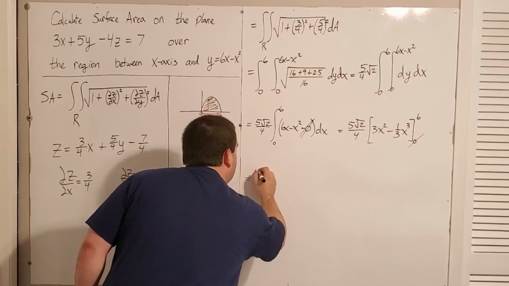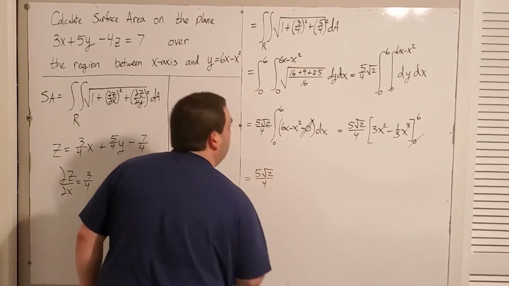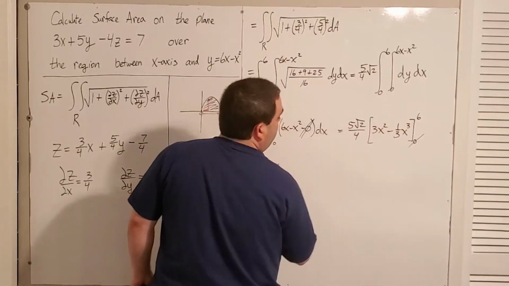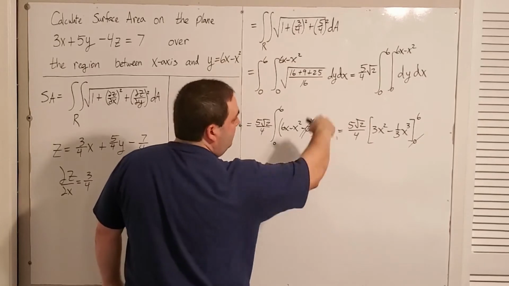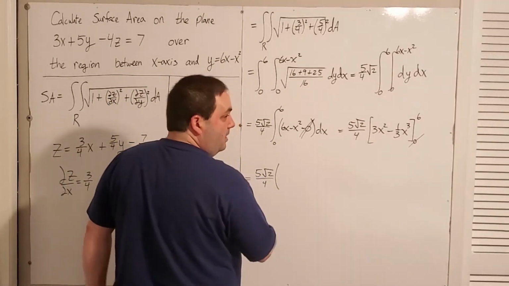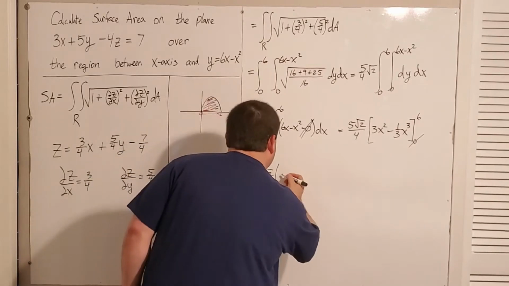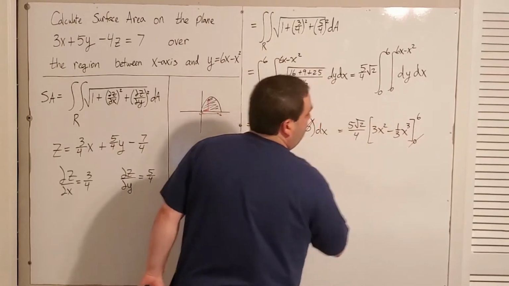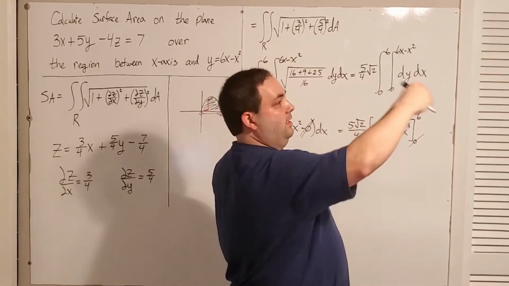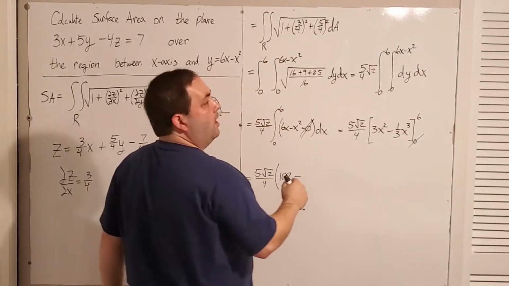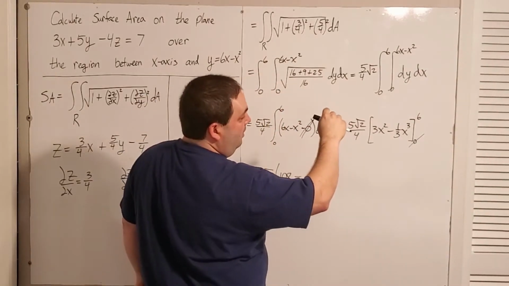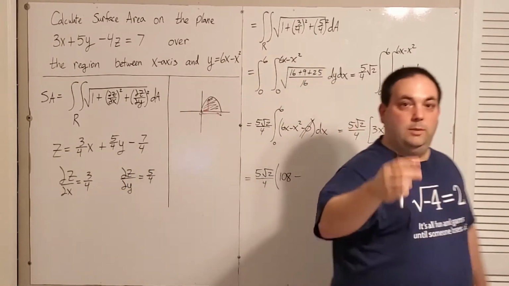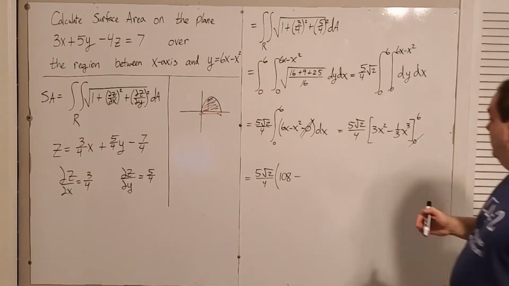I've got 5 square root of 2 over 4. And then times 6 squared, of course, still being 36. Then times 3 is going to be 108. Minus 6 to the third, 6 times 6 times 6 is 216. But really, that's 36 times 6 divided by 3, 36 times 2, yeah, 72.